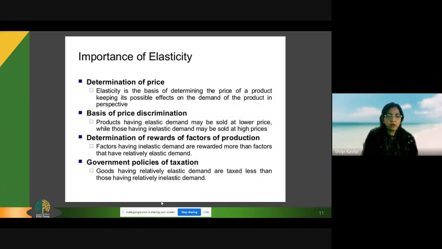But on the other hand, if the labor's number is very less, then it becomes inelastic demand. They will have to pay more to have those labors. The government policies of taxation are also based on the relative elasticity of demand. We all know about progressive taxation and regressive taxation. These are based on the elasticity of demand.